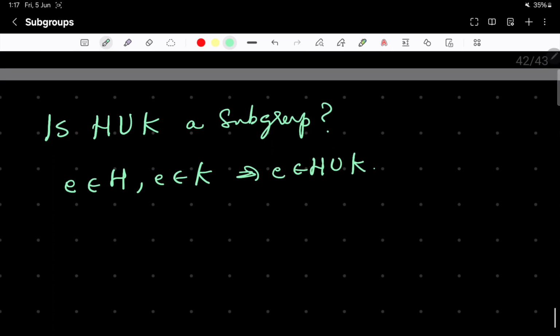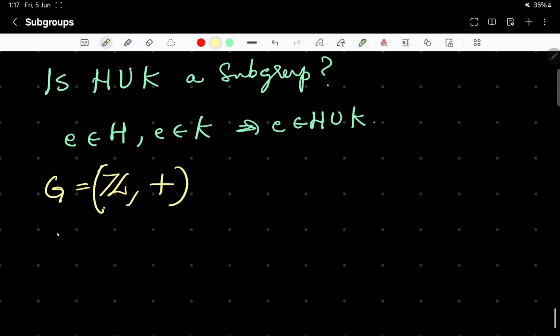Now what about the closure property? Let's take one counterexample. Let G be Z under addition. Now let's consider two subgroups.